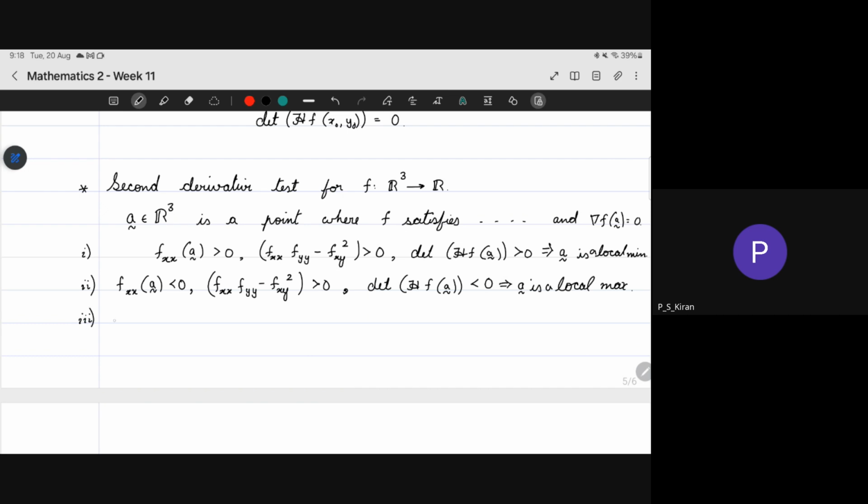Then you have the determinant of the Hessian, this is not 0, and 1 or 2 do not hold, implies A is a saddle point.